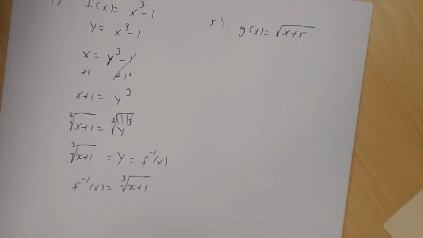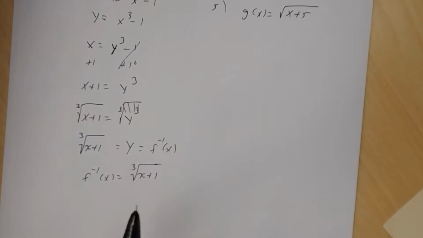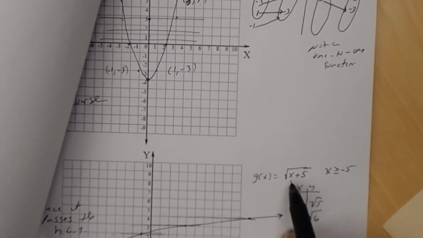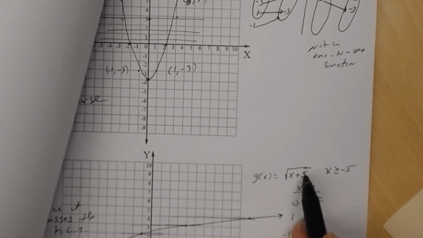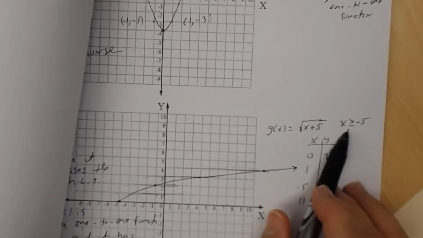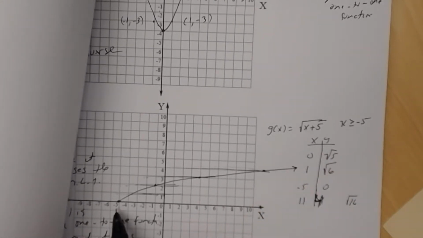The domain was all real numbers. Here, the domain is not all real numbers because I can't plug in -6. Remember, we discussed that, because -6 plus 5 is not a real number when I take the square root of it. So the domain here was any real number greater than or equal to -5, and so that's what you saw.